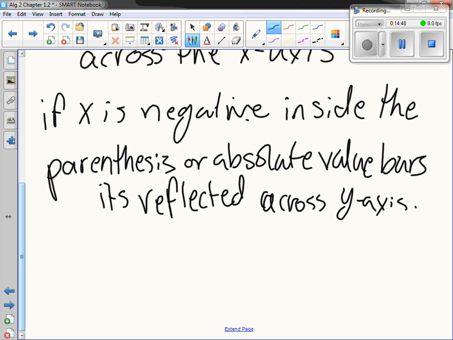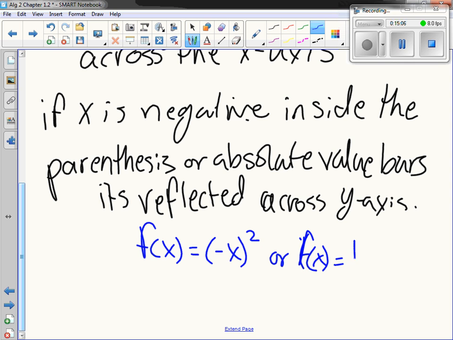If x is negative inside the parentheses or absolute values, it looks something like this here. I'll write this down below for this last one. One of these here, then it's a reflection across the y-axis.